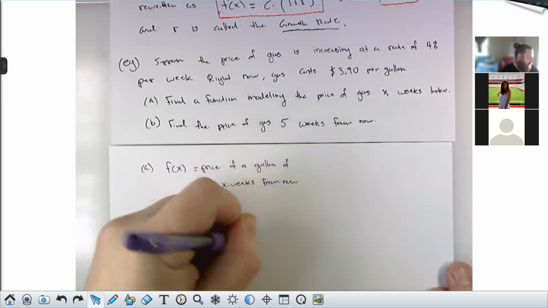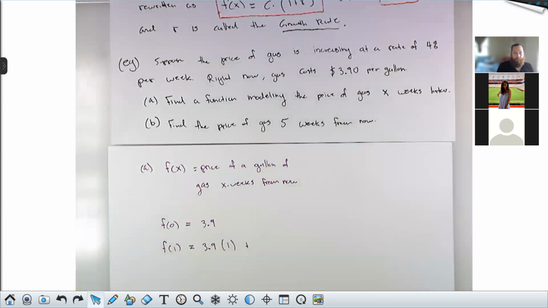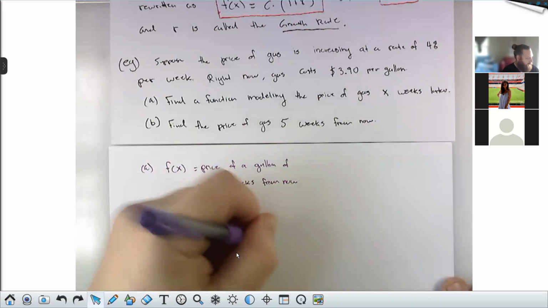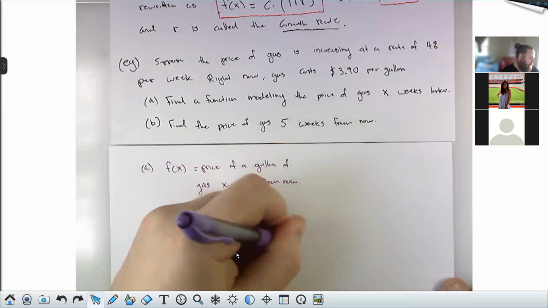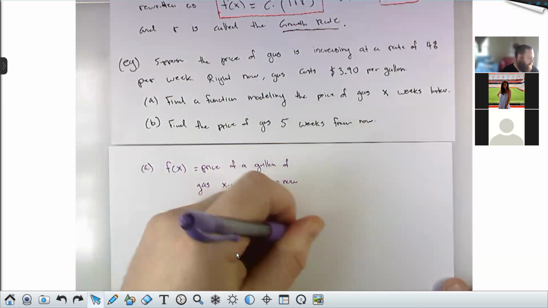I can justify this for you. Since it doesn't seem to be jumping out right away, next week, f of 1, the price of gas 1 week from now, should cost 4% more than what I'm paying previous week. So here's what I paid last week, and then 4% more, I'm going to add to that 3.9: 4% of 3.9, which is 3.9 times 0.04.